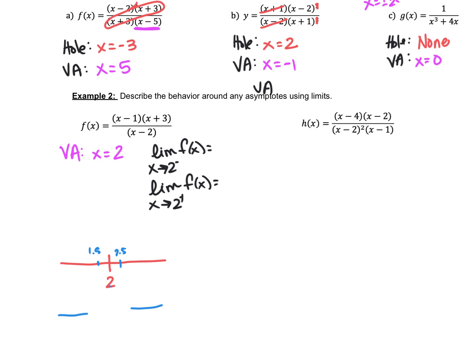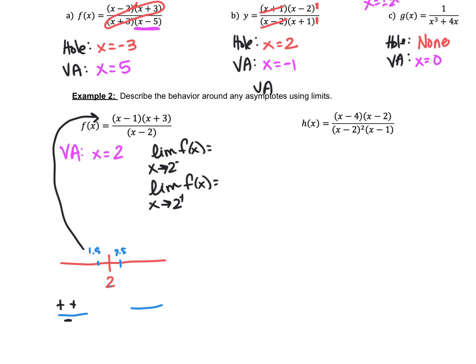So what I'm going to think is if I take 1.5 and I plug it in for x in every one of those parentheses, okay, what sign do I get, positive or negative? So 1.5 minus 1 would be a positive. 1.5 plus 3 would be a positive. 1.5 minus 2 would be a negative.